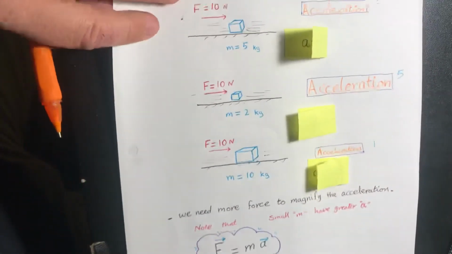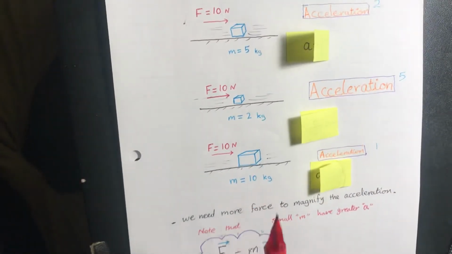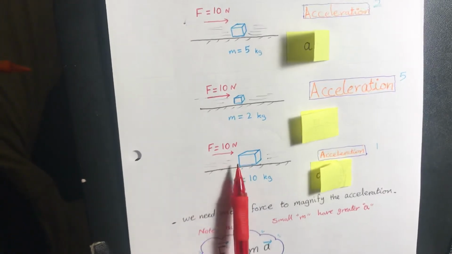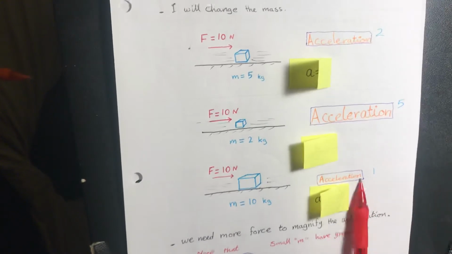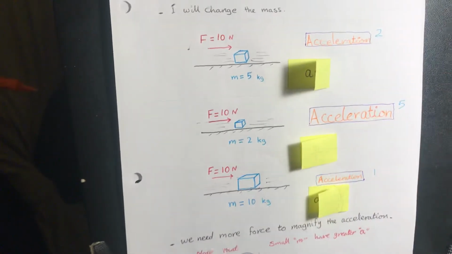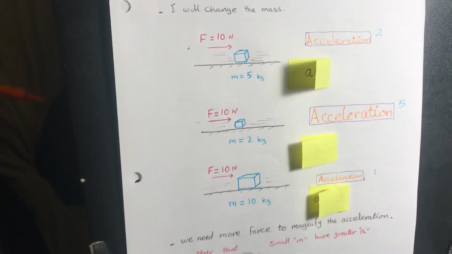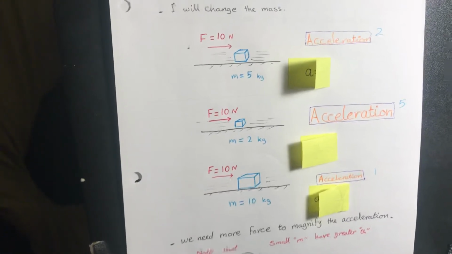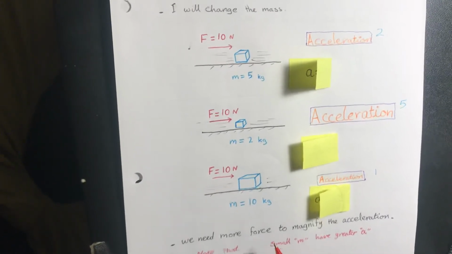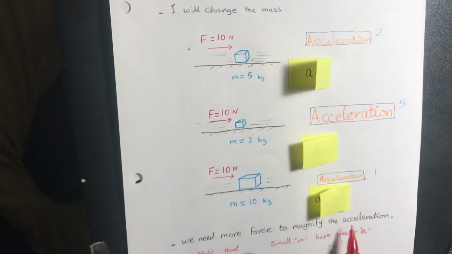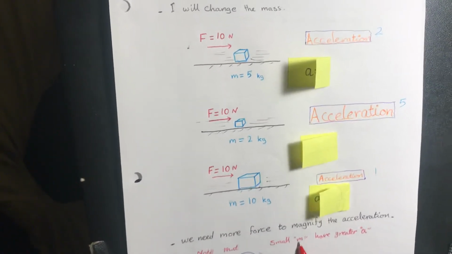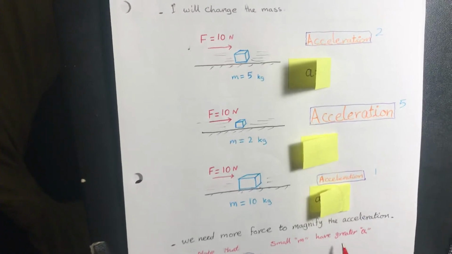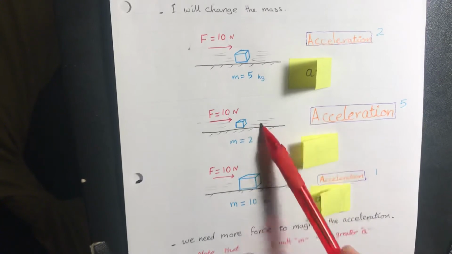Also, if we have a third mass, which is 10 kilograms, and the force is 10 newtons, then we have a little acceleration because the mass is heavy with respect to the first two. So we need more force to magnify the acceleration for the object. And the small mass will have greater acceleration, as we see in the second case.